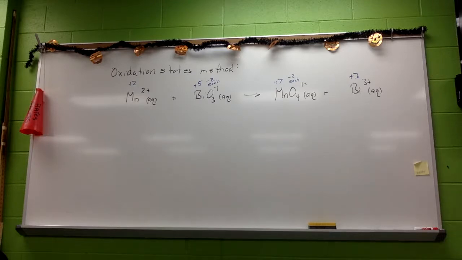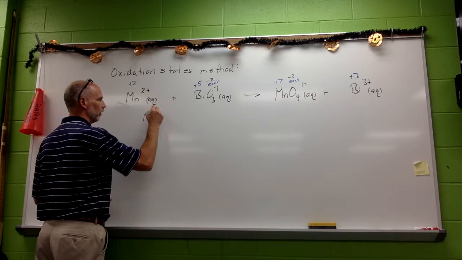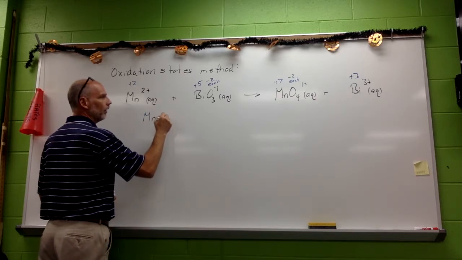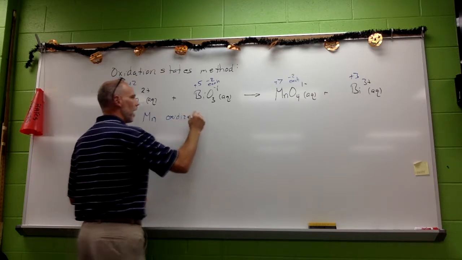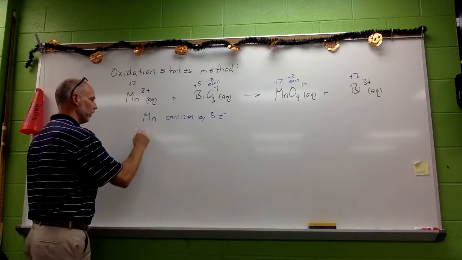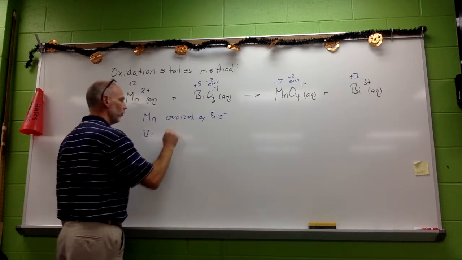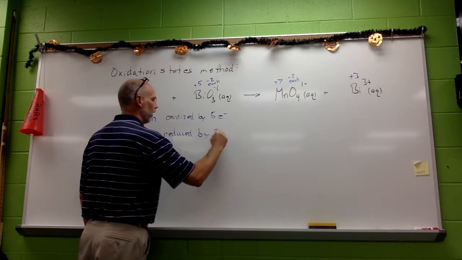Is this a redox reaction? Oxidation states changed. Okay. How did they change? Well, the manganese did what? Oxidized by 5 electrons, whereas the bismuth reduced by 2 electrons.